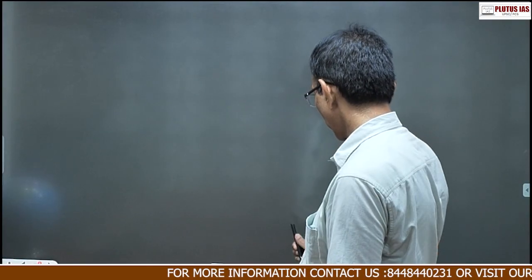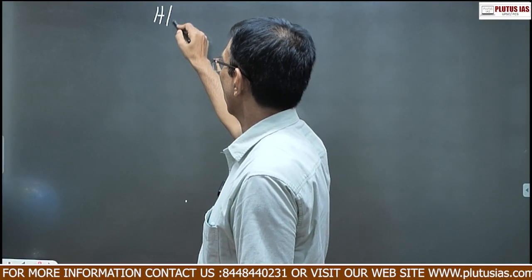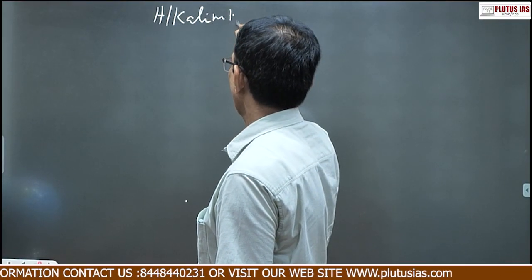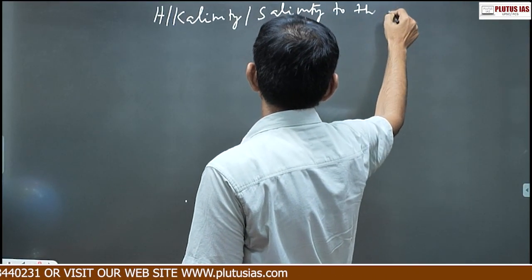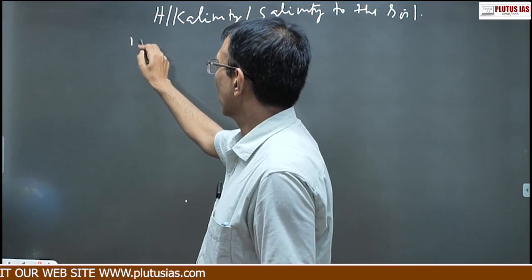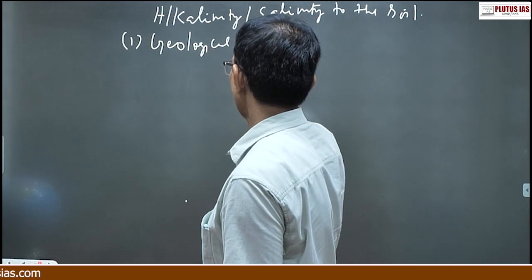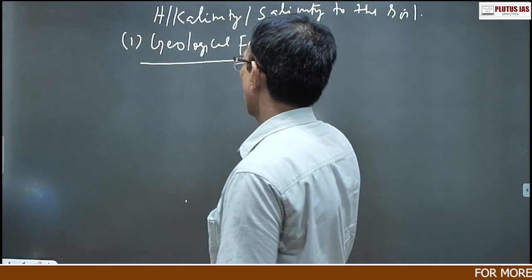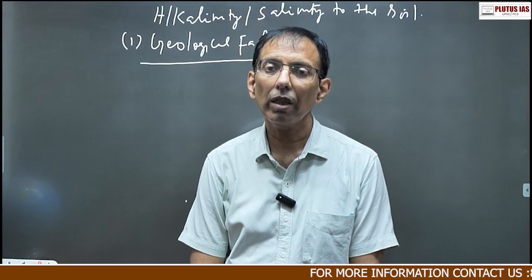So what are the basic causes of alkalinity and salinity in the soil? First is the geological factor. What do we mean by geological factor? It is related to the parental rock.